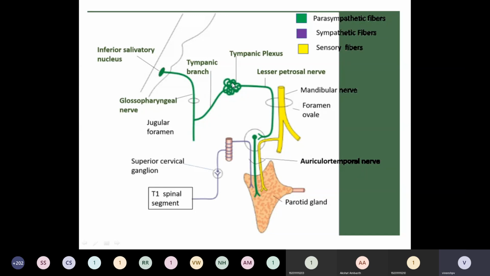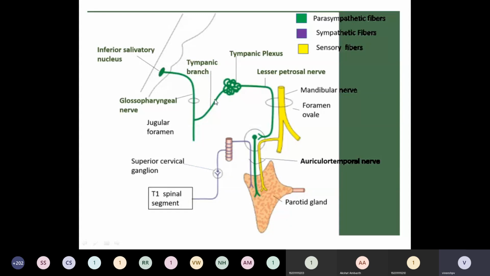I will draw and show you this later. Then the lesser petrosal nerve reaches the otic ganglion. It forms a relay in the otic ganglion. From the otic ganglion, postganglionic fibers supply the parotid gland.